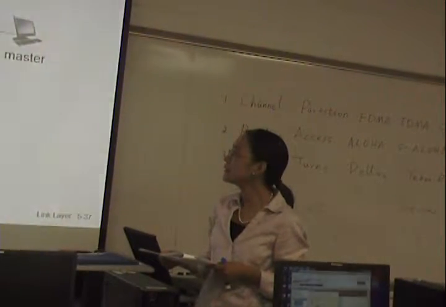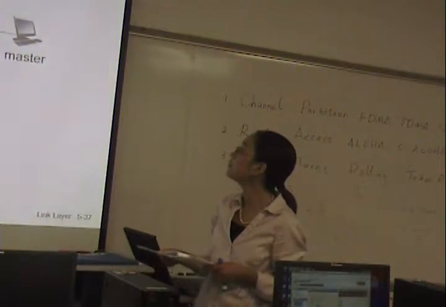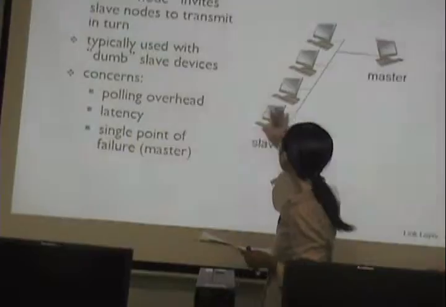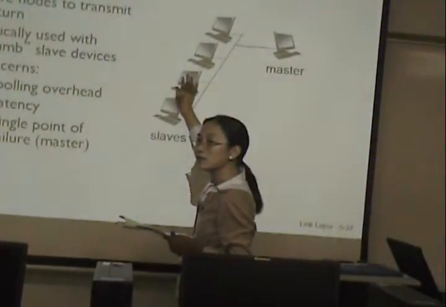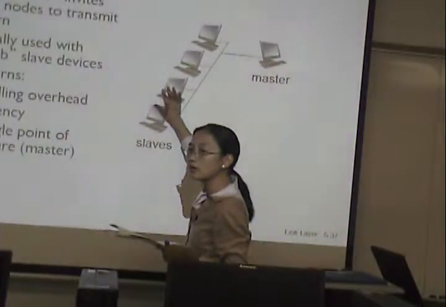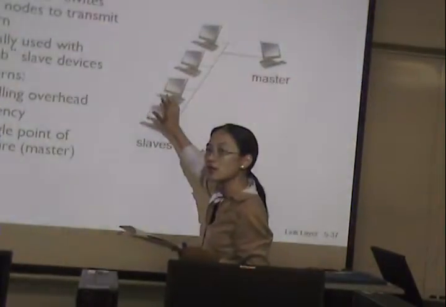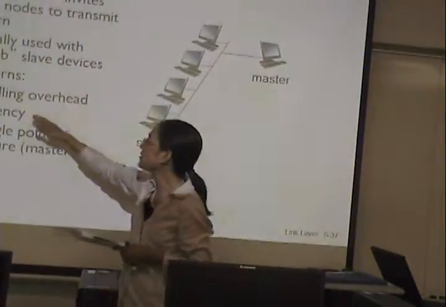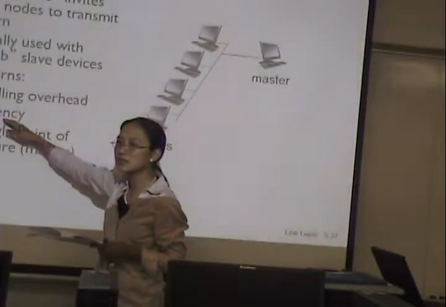The concerns with polling are, first, you do have overhead. If you have data to send, even if nobody else has data, you have to wait for your poll. You cannot just send when you get your data. That also brings latency.